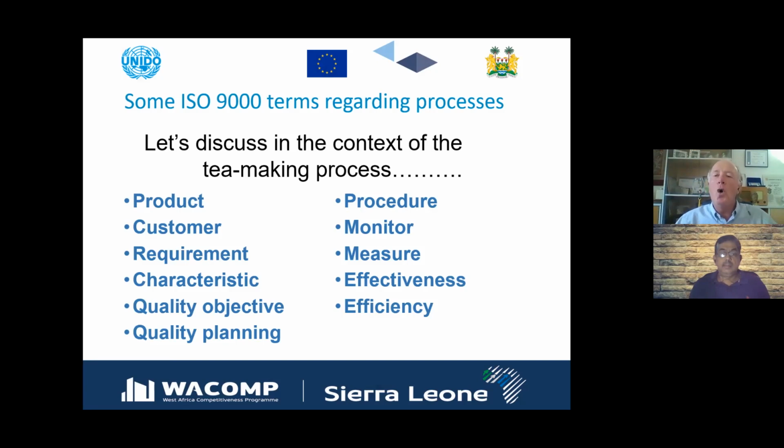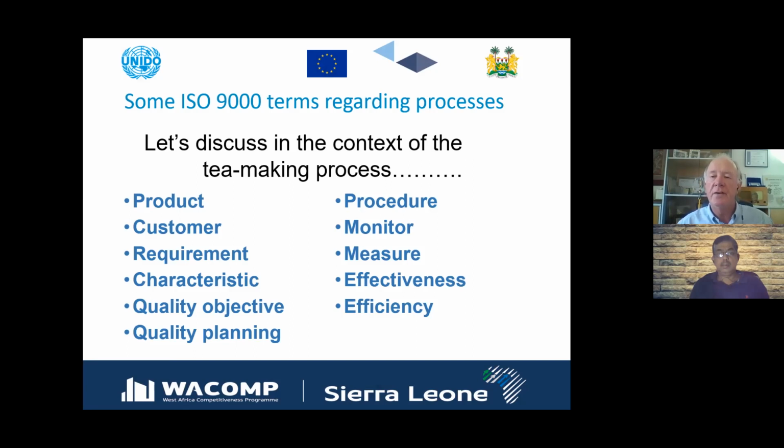That would be overkill. We certainly don't need to do that because we can see when the water is boiling, because it starts to bubble and it starts to make a noise. So that's the relationship between the extent of the measurement and the monitoring that's needed.